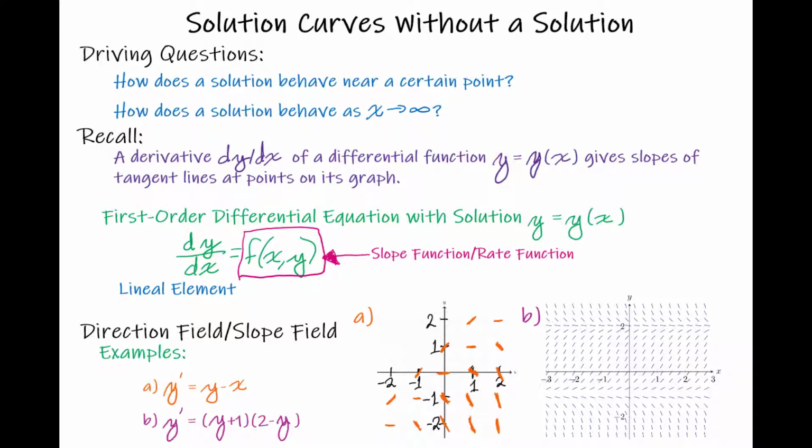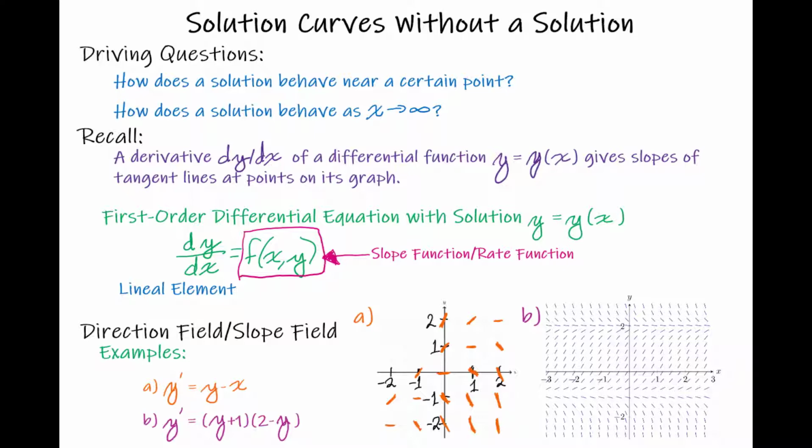Now, if I move on to a new point, let's look at when y is 2 and x is 0. So when y is 2 and x is 0, I get a slope of 2 minus 0, or +2. So I'm going to sketch in a line segment with slope 2.